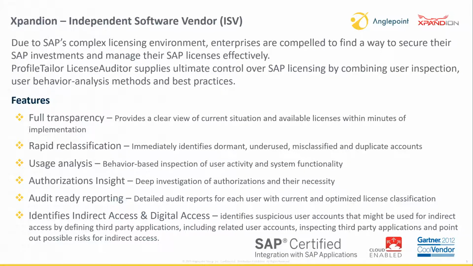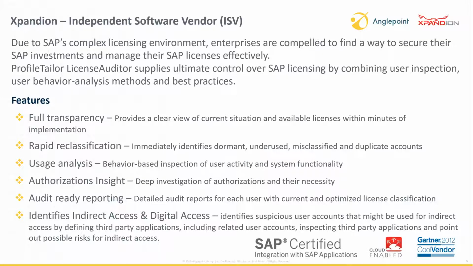Expandion technology definitely goes deep into usage and authorization management, which is a unique thing. And these unique features enable us to match the required authorization for each SAP user and to translate it to the best fit SAP license, which is definitely the goal of this analysis, to find the best fit SAP license.